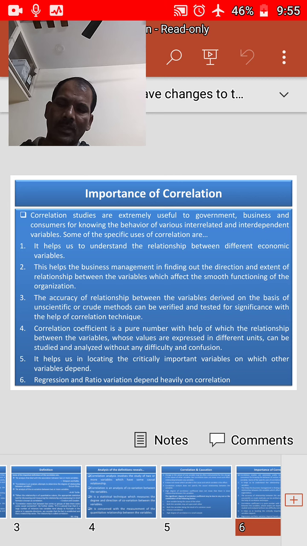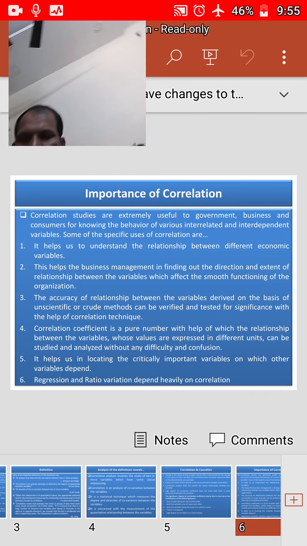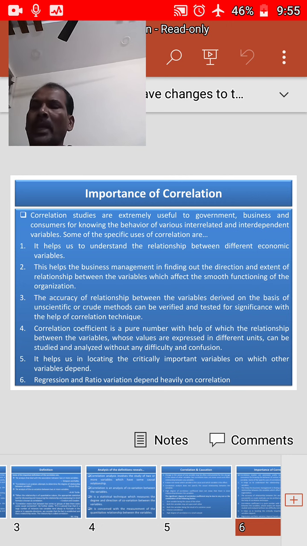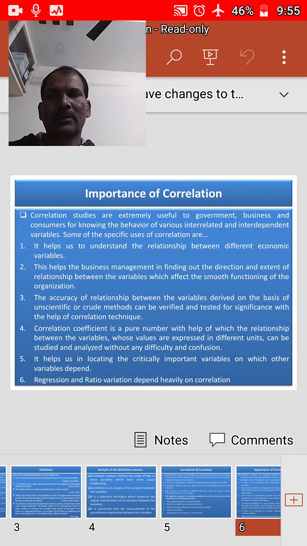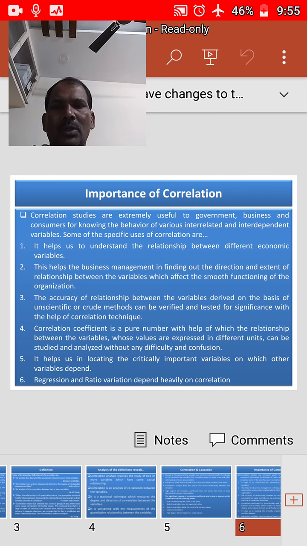And the fifth one is that correlation analysis helps us not only to understand the economic behavior, but also to locate the critically important variables on which other variables depend.